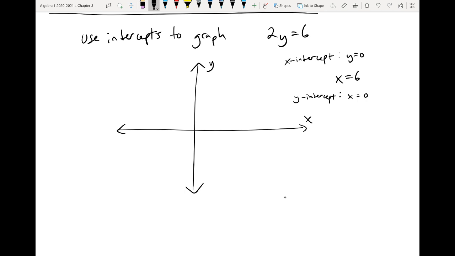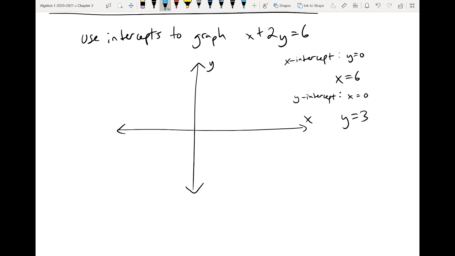You're going to cover up x, because if it's 0, it's like 0 plus 2y. Let's solve that. What's y going to be equal to? Well, of course, it's 3. That's a problem that we can do in our heads. So those are our two intercepts. x is 6 and y is 3.